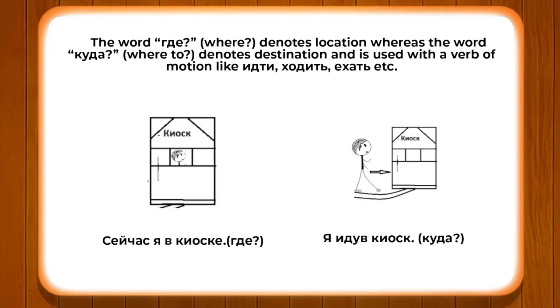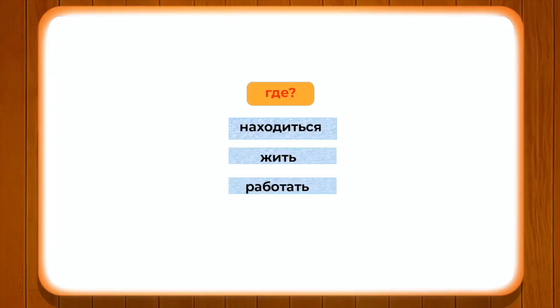Now let's pay attention to some of the basic verbs which we use with где or куда. With где, when we need to ask the question where in the prepositional case, we can ask it with the help of verbs like находится, жить, работать and играть. Где он играет? Он играет на стадионе.